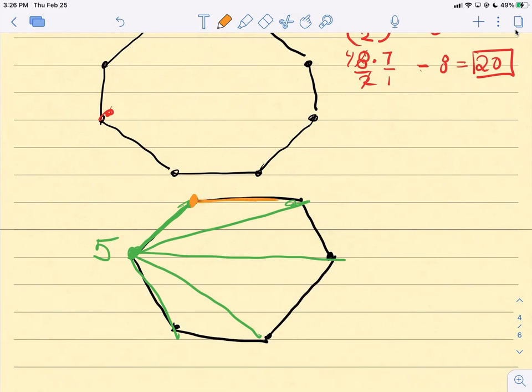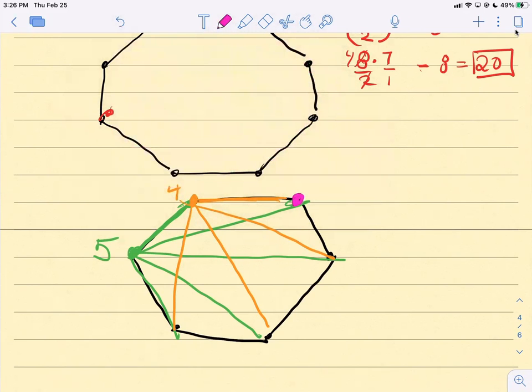Well, it's going to be 1, 2, 3, 4. This guy can do 4 connections. It can't go back because we already have that, but everything else it can do. And it's the same thing for the next one. I'm going to put it in pink.